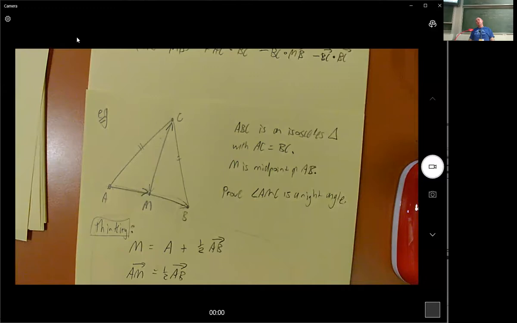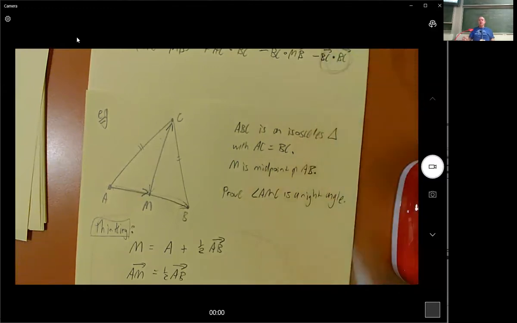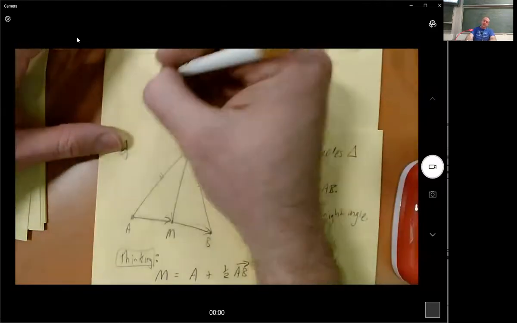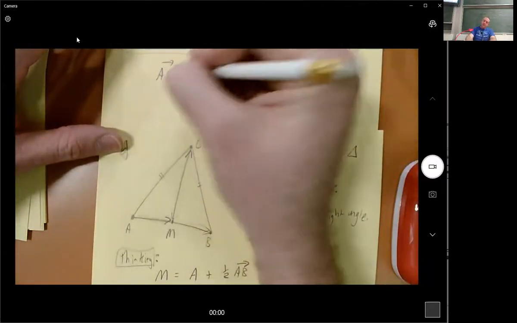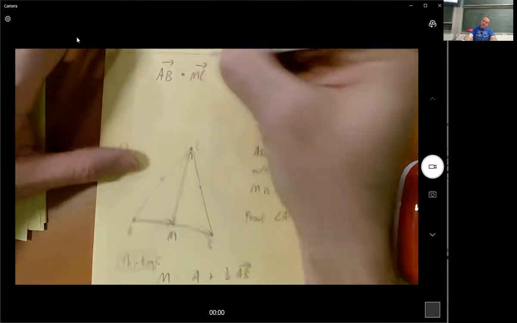Still not there, am I? This is the length of BC here, squared. So I could possibly replace that with the length of AC squared because I know they're equal. One more try, just a second. AB dot with MC.